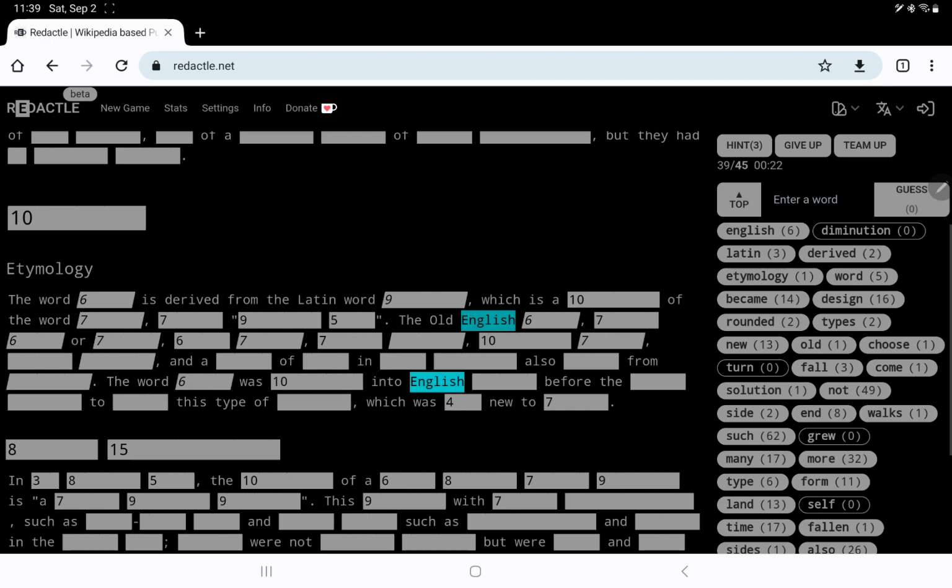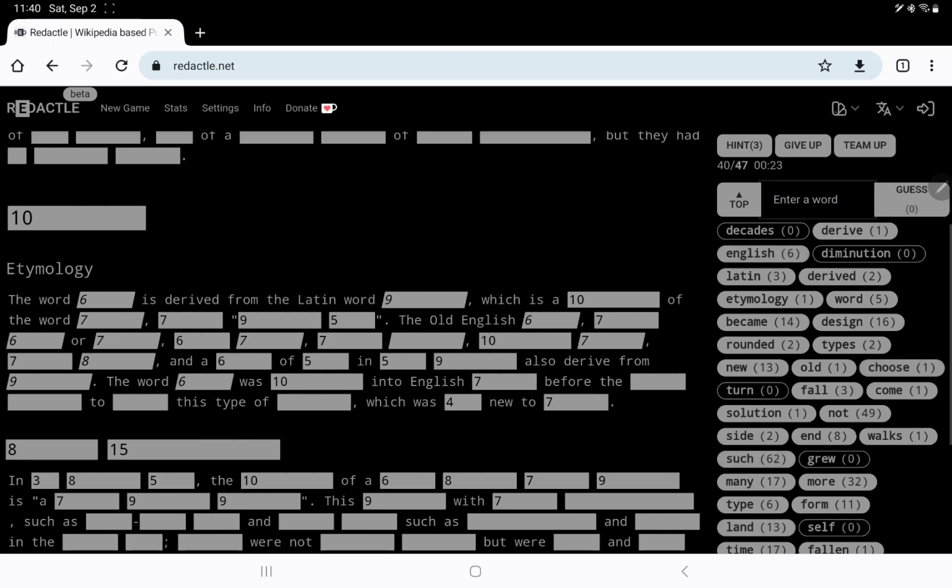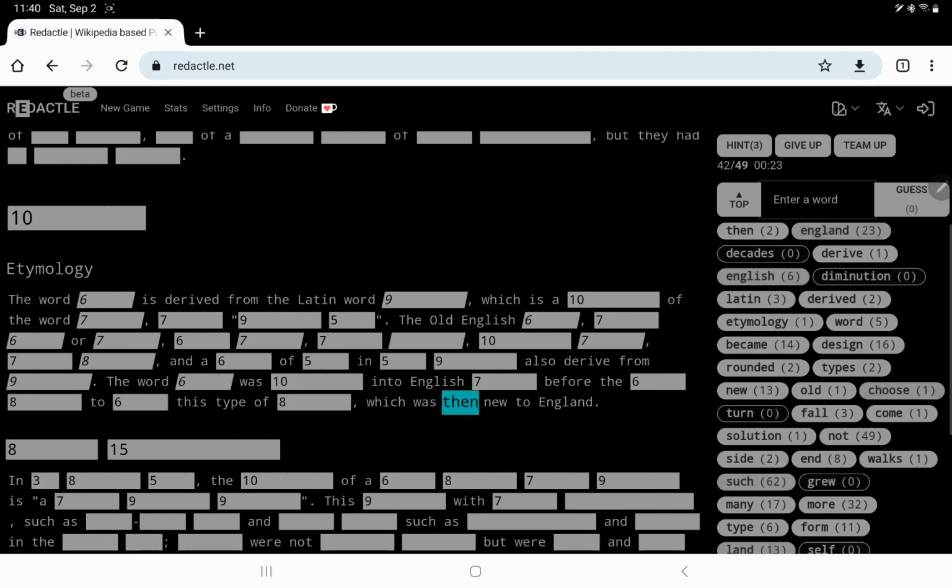So a very old word. Also blank, also derive from 9. The word 6 was something into English. Decades? No. Before the 6, 8 to blank this type of 8, which was then new to England. This type of 8.